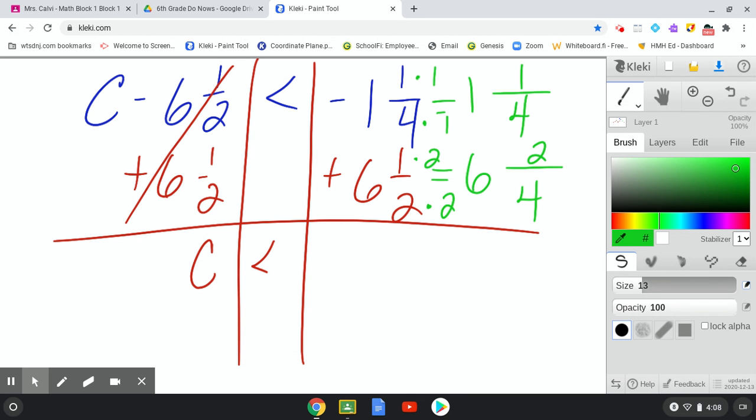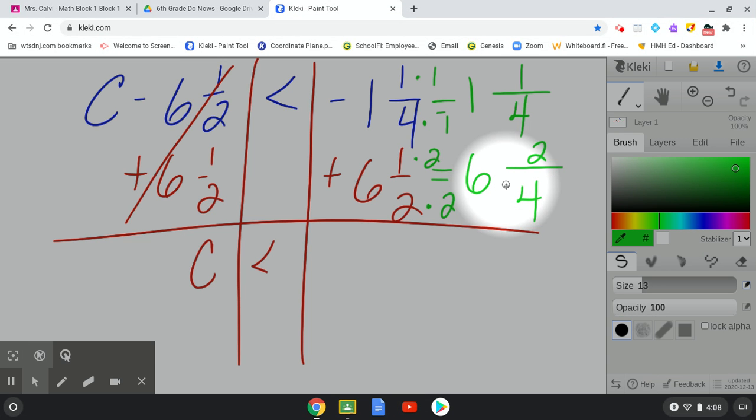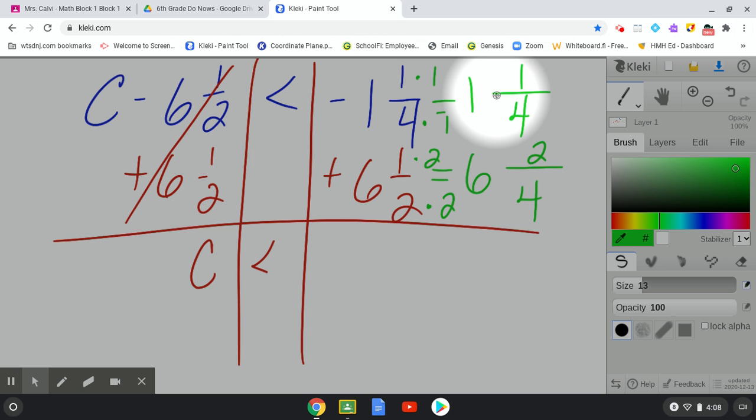So now, remember, my signs are different here. I'm going to take the sign of the larger number because I'm going to be subtracting. Subtract, take the sign of the larger number. Well, 6 and 2/4 is larger than 1 1/4. So I know my final answer is going to be positive. I now just have to subtract these mixed numbers.